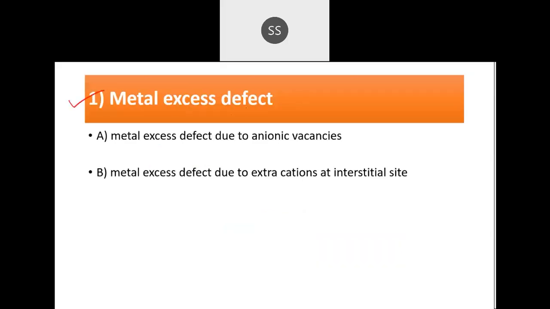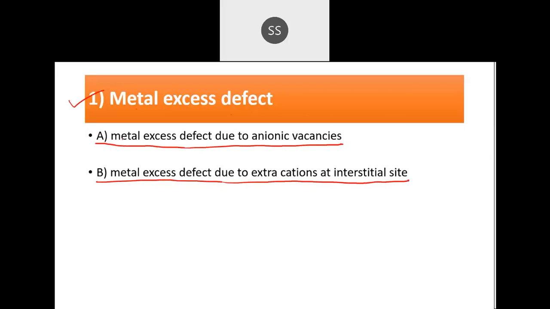This is also further classified into metal excess defect due to anionic vacancy, and metal excess defect due to extra cation at the interstitial site.